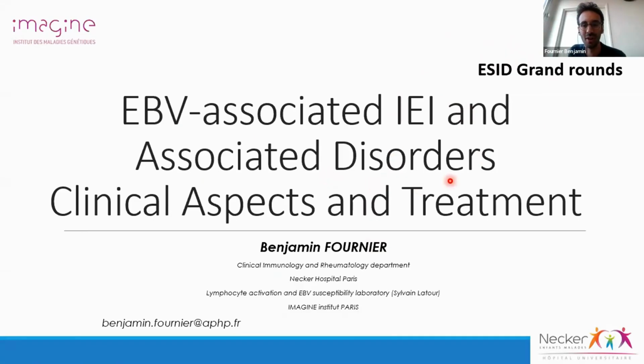So I will have a broader view of EBV-related disorders in inborn errors of immunity, related to clinical aspects and treatment. There will be some overlap with Sylvain's talk, but I will try to be quicker on these parts.